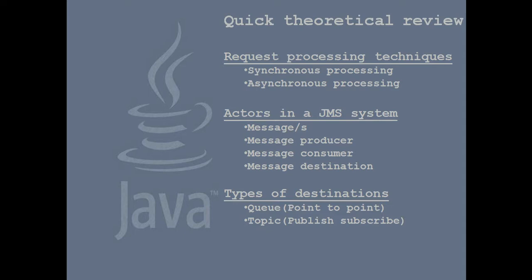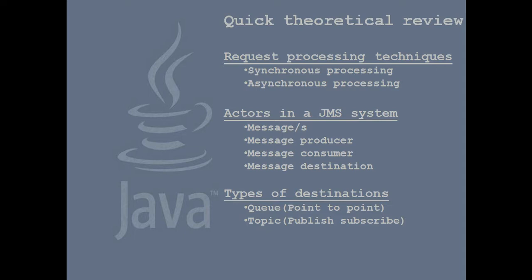Other consumers will not be able to consume that message if it is already being consumed by another consumer. And the topic, because it works on publish-subscribe, all consumers that are subscribed to that topic can consume the same message.